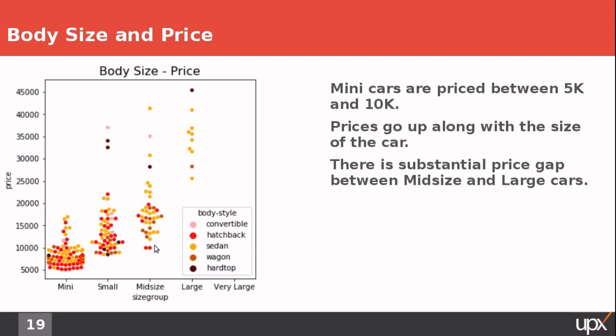When it comes to the mid-size and large category, their price range extends to the higher ranges like the 40,000, 45,000 range. And there is a significant price gap between mid-size and large-size cars. The key point to note here is that as the vehicle moves from mini to small to mid-size categories, as the size of the car increases, the pricing of the car increases too.